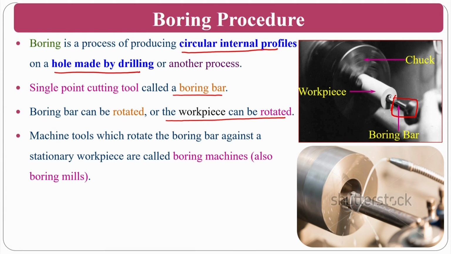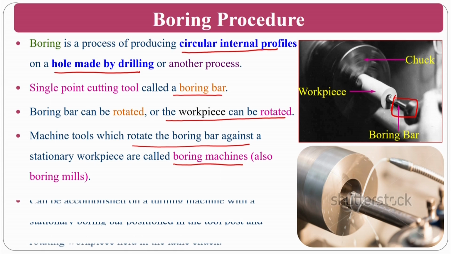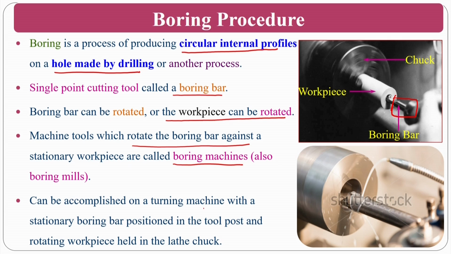The machine tools which rotate the boring bar against the stationary workpiece are called boring machines, also called boring mills. Boring can be accomplished in the turning machine also by keeping the boring bar stationary while the workpiece is rotated.